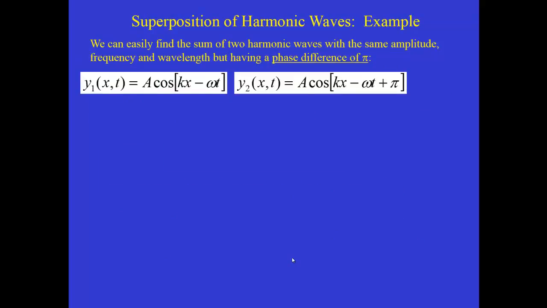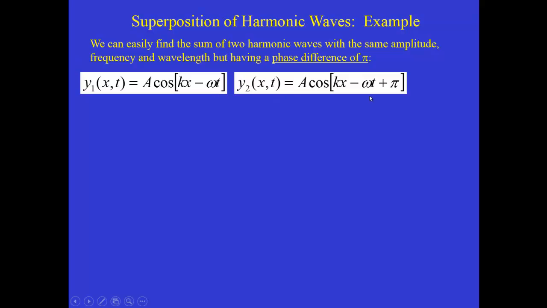We can easily find the sum of two harmonic waves that have the same amplitude, frequency, and wavelength, but differ only by having a phase difference. So if we look at y1, it has the familiar A cosine(kx minus omega t), which is a traveling wave, and y2 is also a traveling wave.